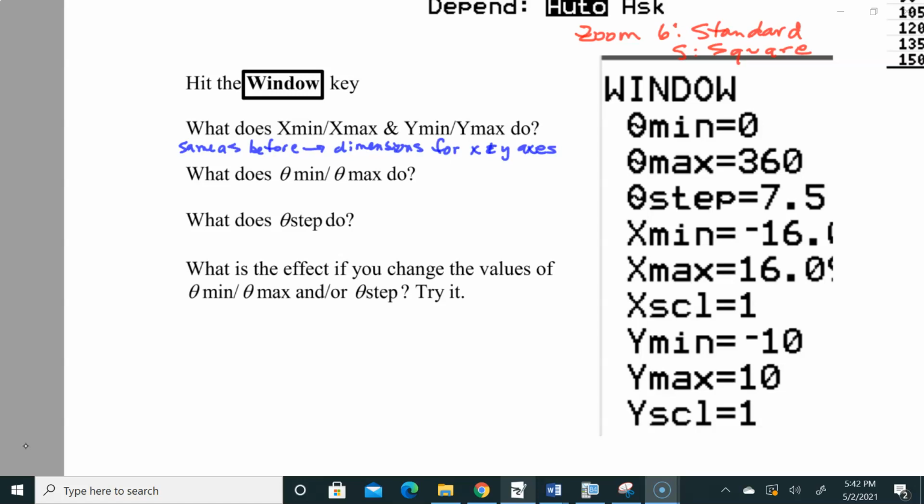And theta step will be the increments. So from this example, we're starting at theta min equals 0, ending at theta max equals 360, and then theta step means plug in every 7.5 degrees. So 0, 7.5, 15, 22.5, 30 degrees, and so on and so forth, until you get to 360 degrees.